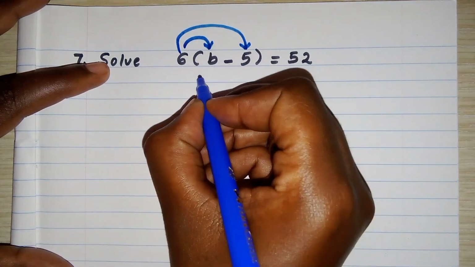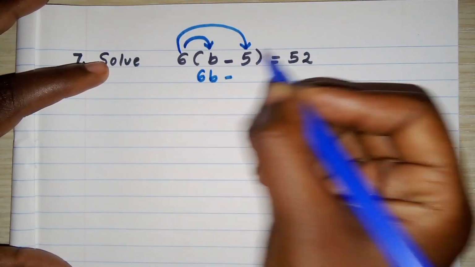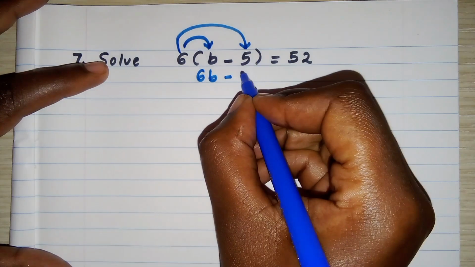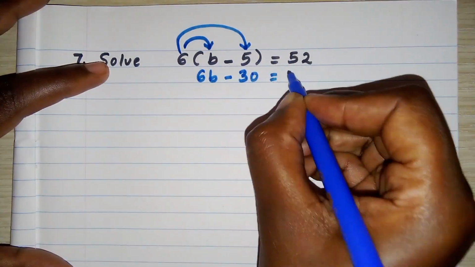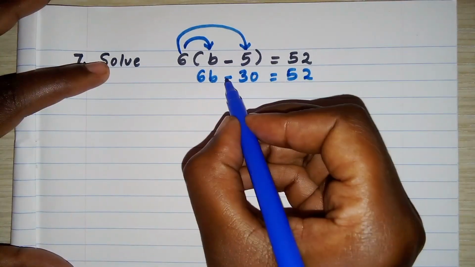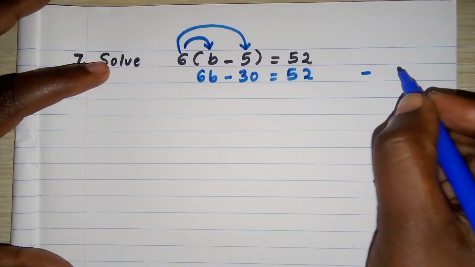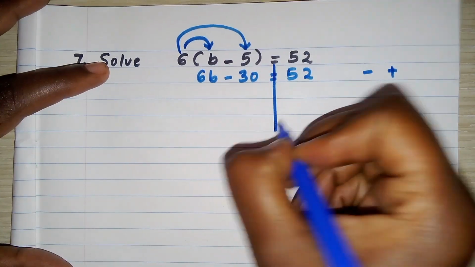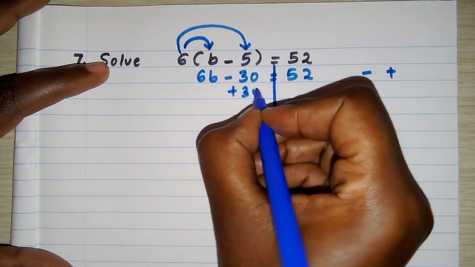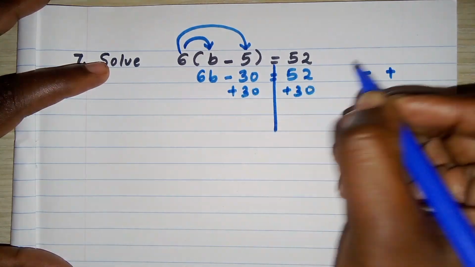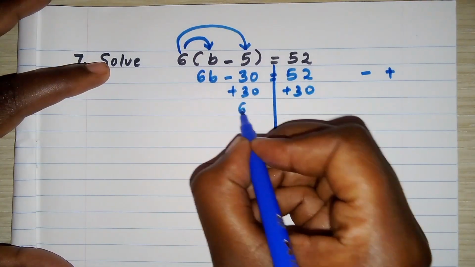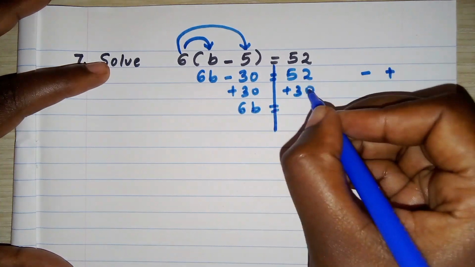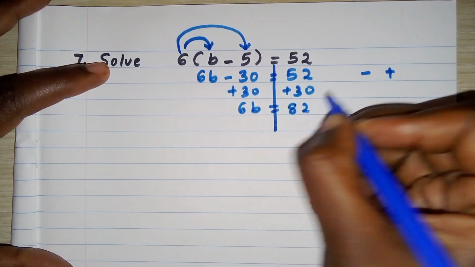So 6 times b is 6b minus 6 times 5 is 30 equals to 52. Now opposite of minus is positive, so we do plus. We draw the line, we do plus 30 on both sides. So here we're left with 6b equals to 52 plus 30 is 82.